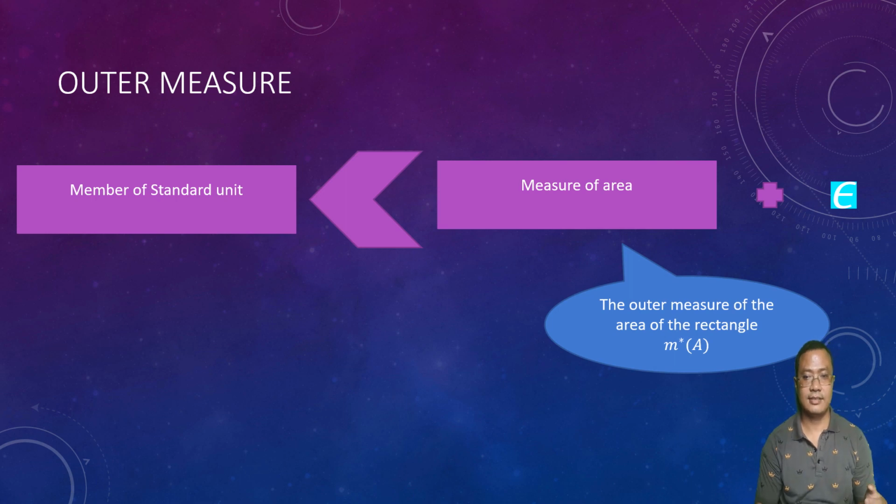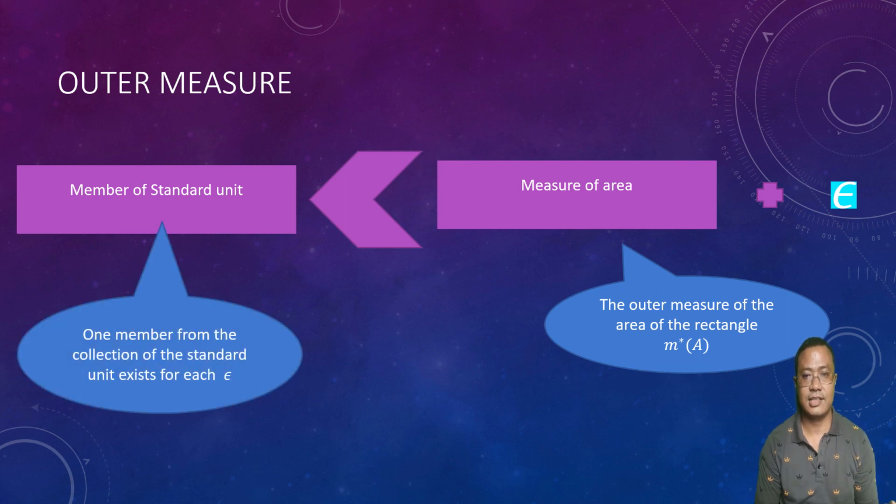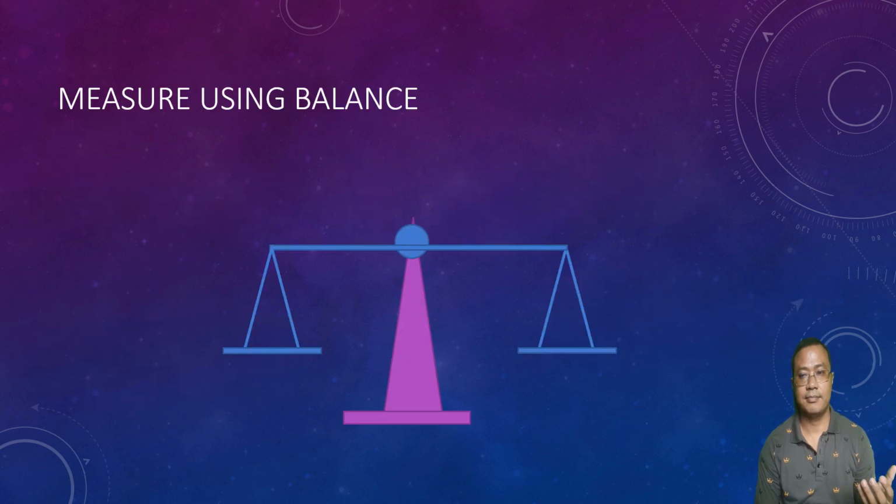The right hand side is the outer measure of the rectangle, denoted by m star A. So one member from the collection of standard units exists for each epsilon such that it is less than the area of the rectangle plus epsilon.